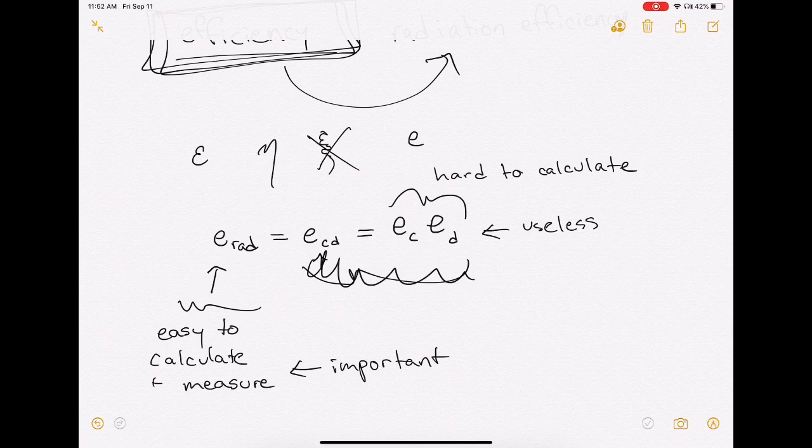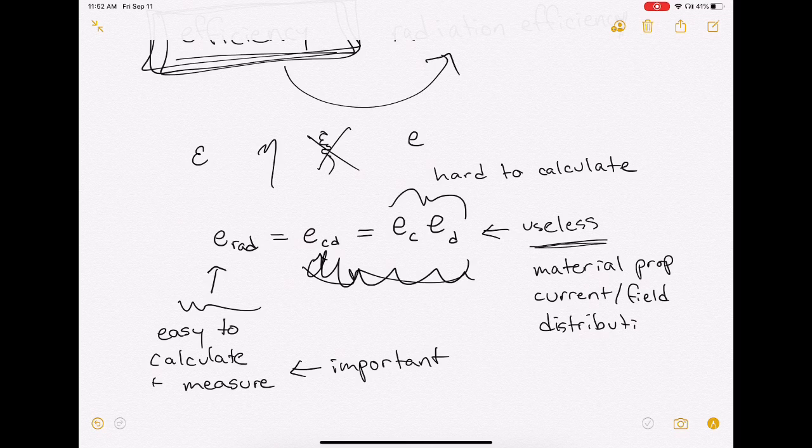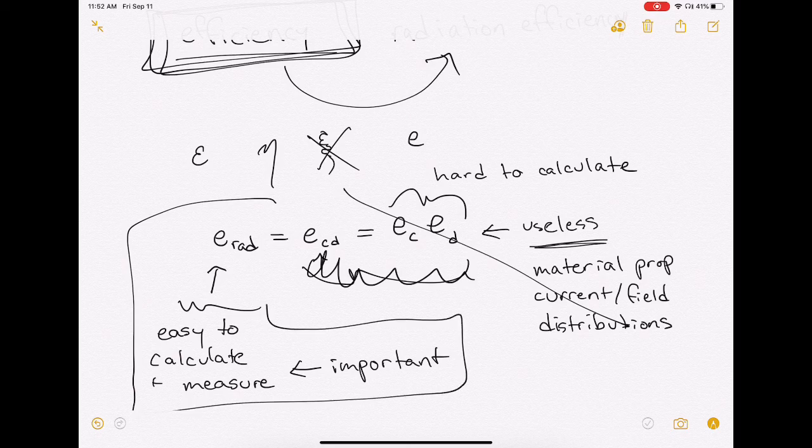The reason these are useless is because in order to calculate the conductor or dielectric efficiencies, you need to know not just the material properties, but you also need to know the current and field distributions in all the materials. So ignore those. Look at this one, the one that's important.